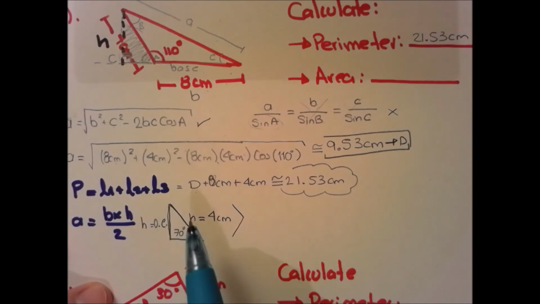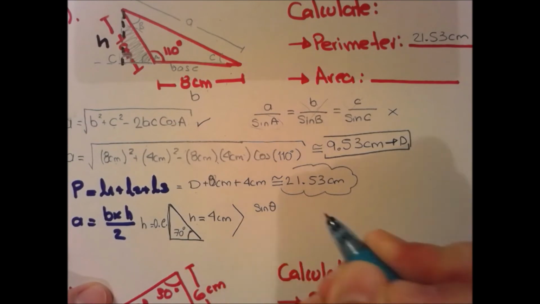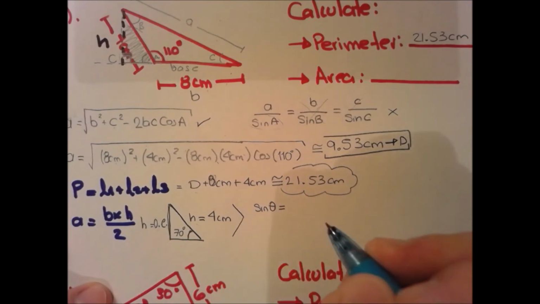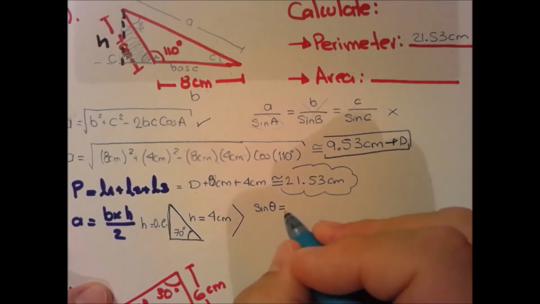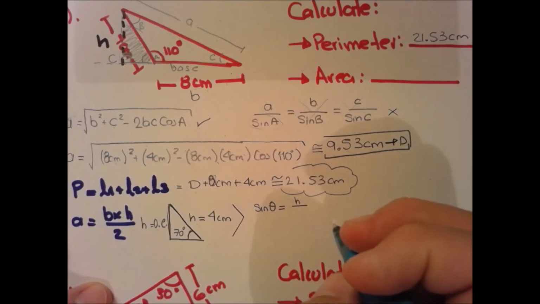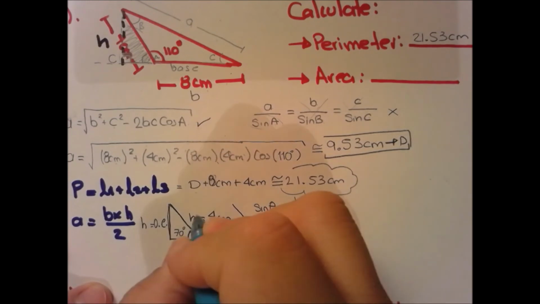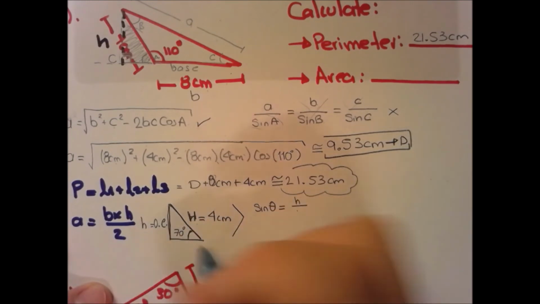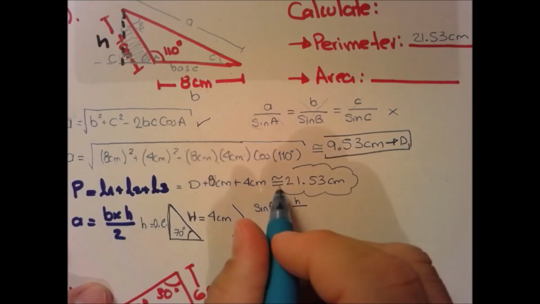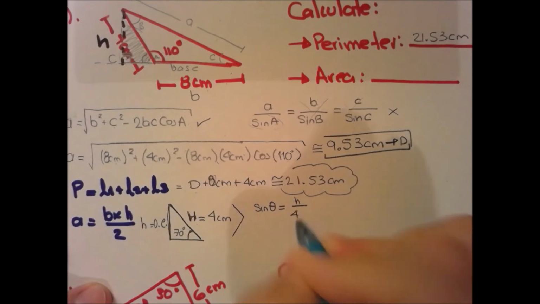Here I need to use the sine. The sine of the angle is equal to the opposite cathetus, in that case the height, over the hypotenuse. I'm going to use a capital letter so as not to be confused, this is h, over the hypotenuse, that is 4.